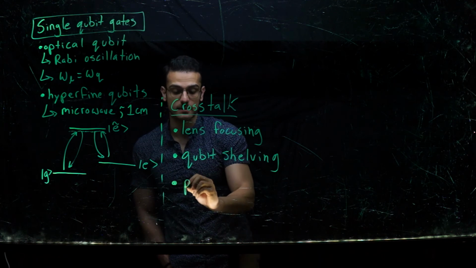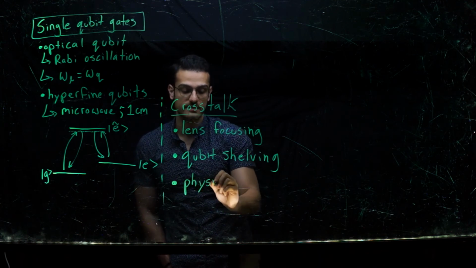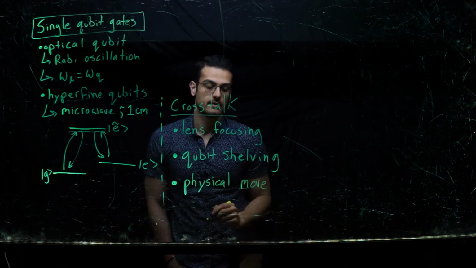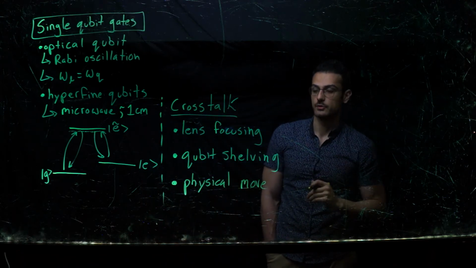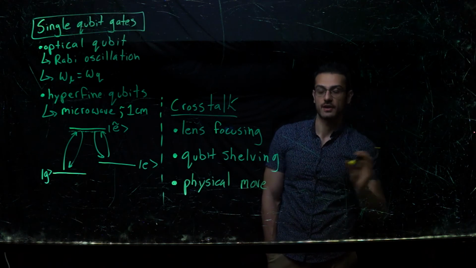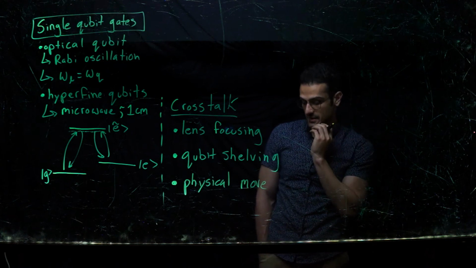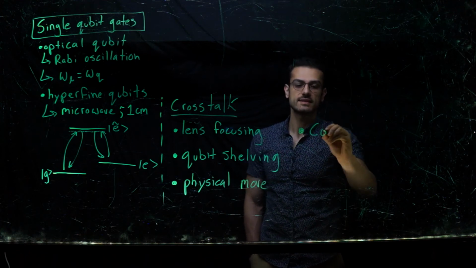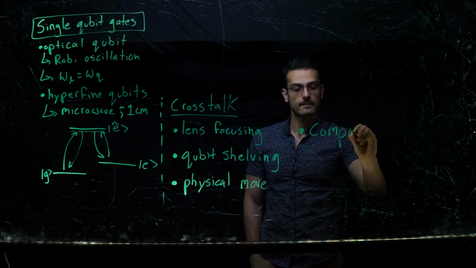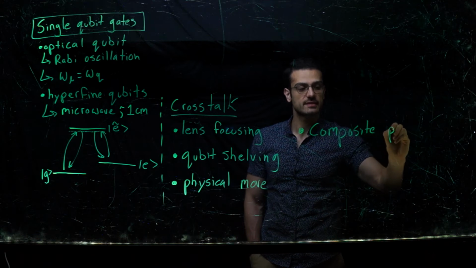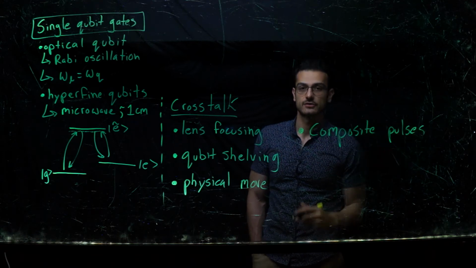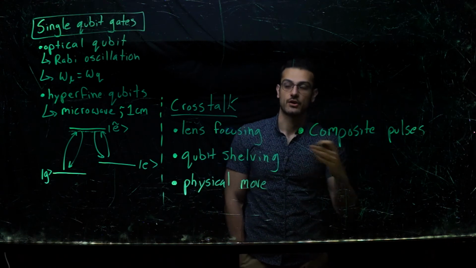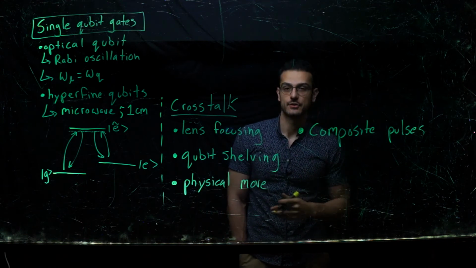Another one is to physically move the neighboring qubits. So to use some type of transport to move the ions away from one another so you can target one without affecting the others. And another one is to use composite pulses. And so this consists of using a sequence of different pulses which correct the errors that occur on the neighboring qubits as you're doing the pulse.